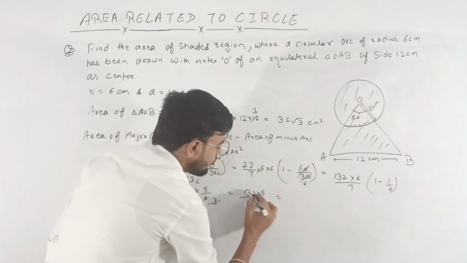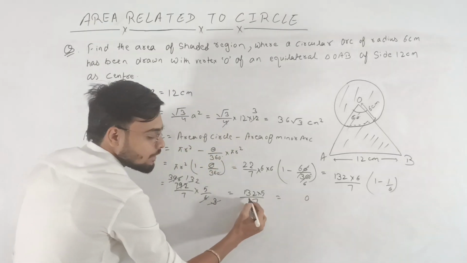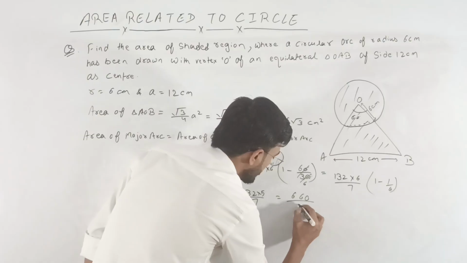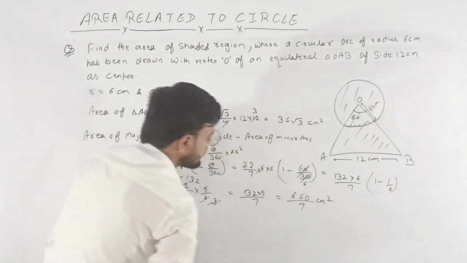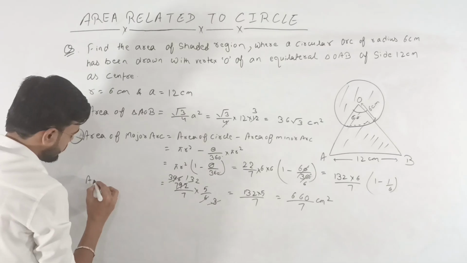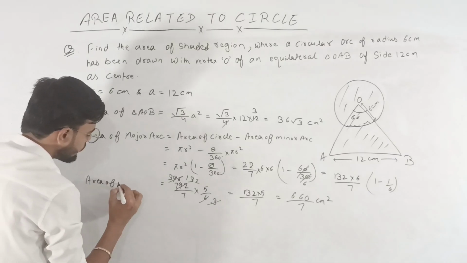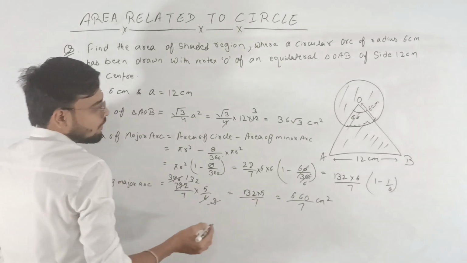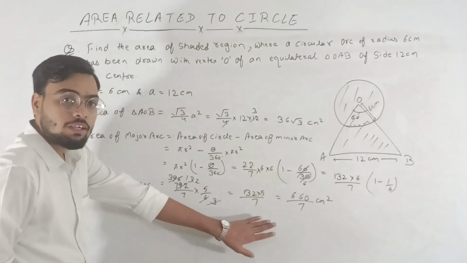So this equals 5 2s are 10, 5 3s are 15, 16, and 5 1s are 5, 660 upon 7 centimeter square. This is the area of the major arc.